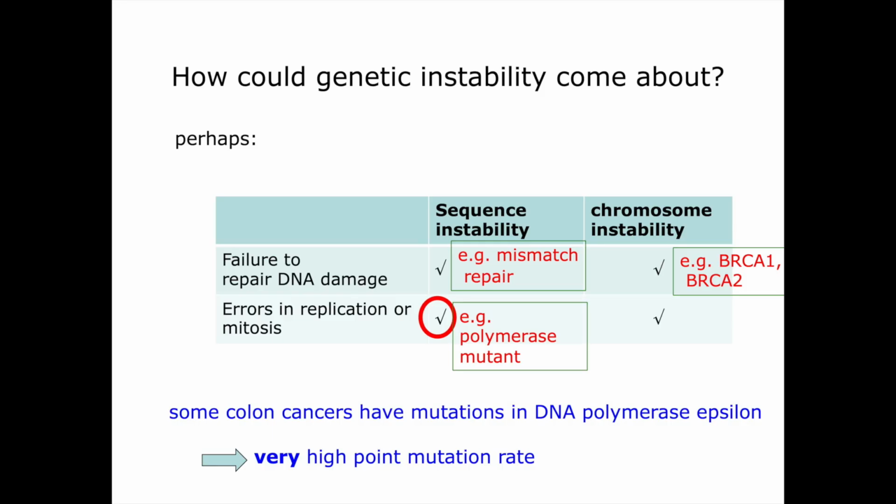The defect is in the proofreading ability of the enzyme, so that when it occasionally makes an error and adds the wrong nucleotide to a DNA strand, it's unable to check and correct that error. This leads to an extremely high rate of point mutation, something like 1,000 times the normal rate of mutation in a normal cell, and about 10 times as much as a defect in mismatch repair would give you.